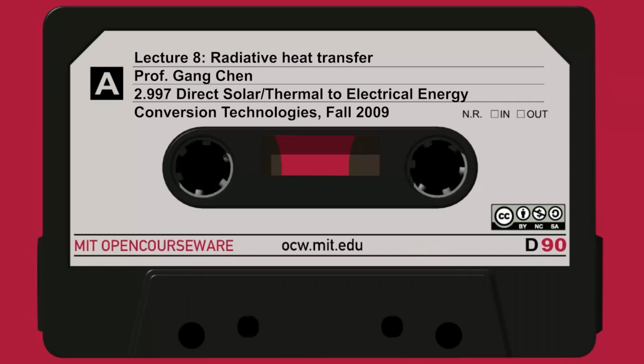So you have a maximum here. This is the maximum efficiency you can get, about 85% out of the sun. And this happens around 2450 Kelvin when the ambient is 300 Kelvin.